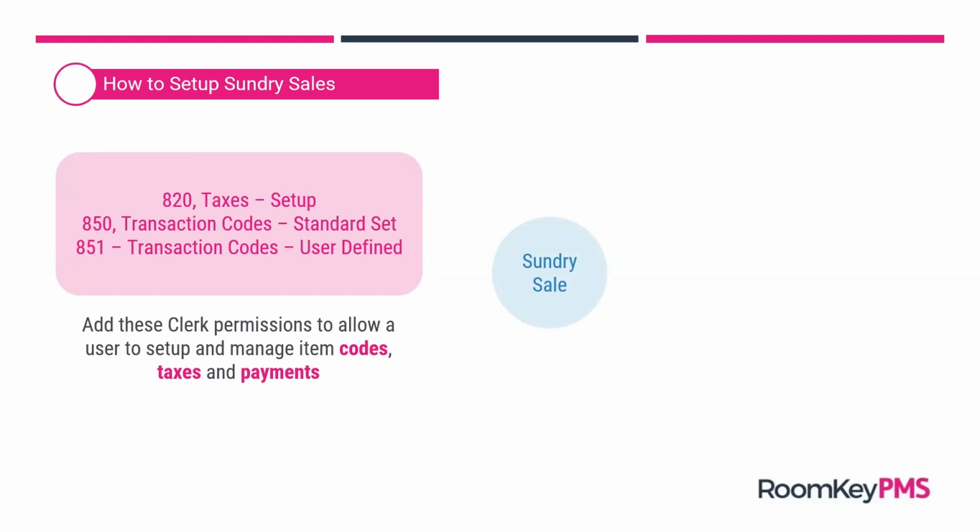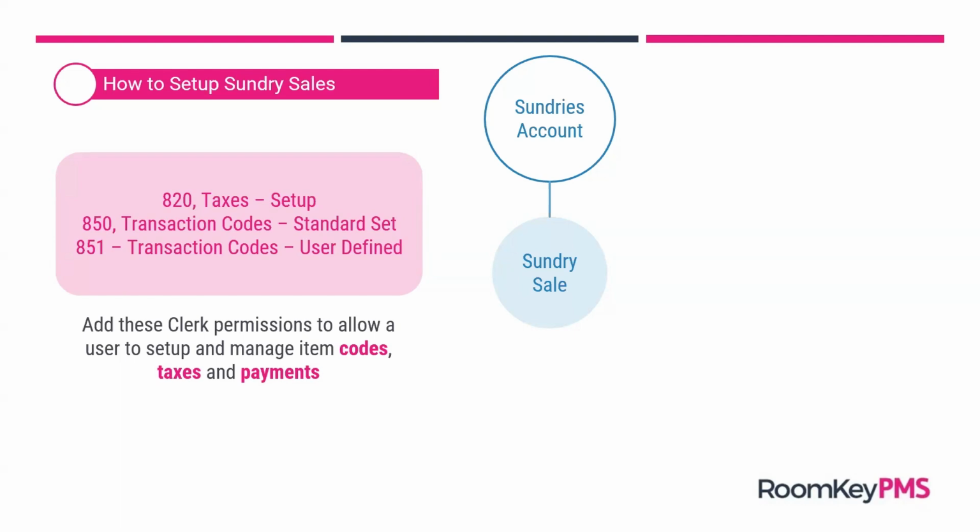That transaction code is going to be connected to a general ledger or GL account for revenue tracking purposes. You may need to double check with your accounting team to determine what account should be used or connected to the sundry sale transaction code, or if the accountant may recommend a new GL account to be created specifically for this transaction code.